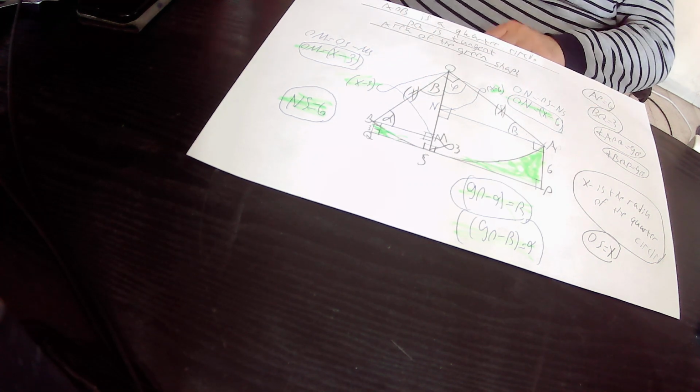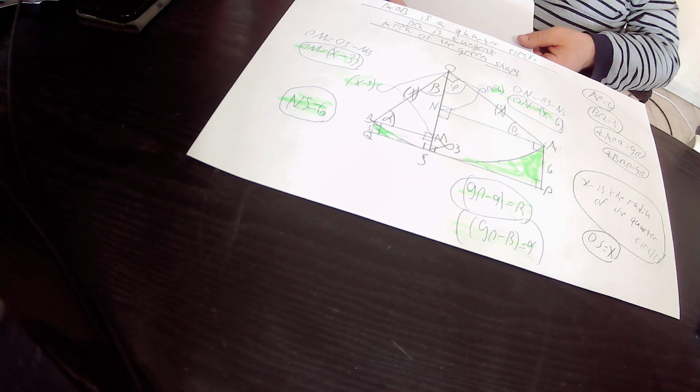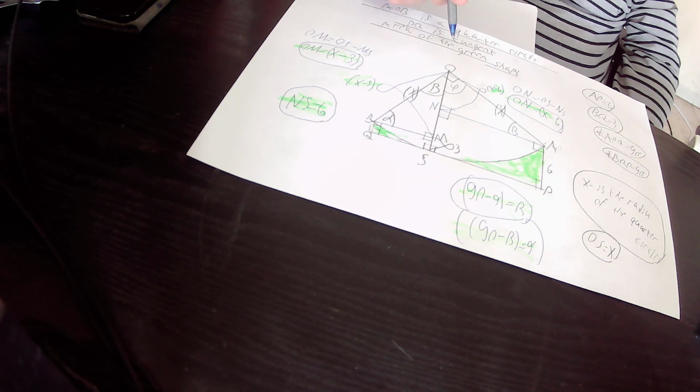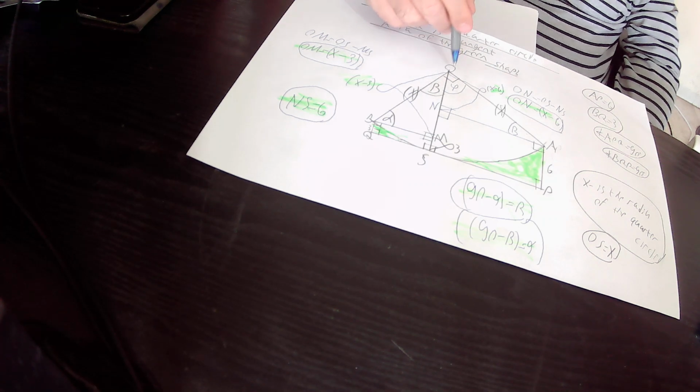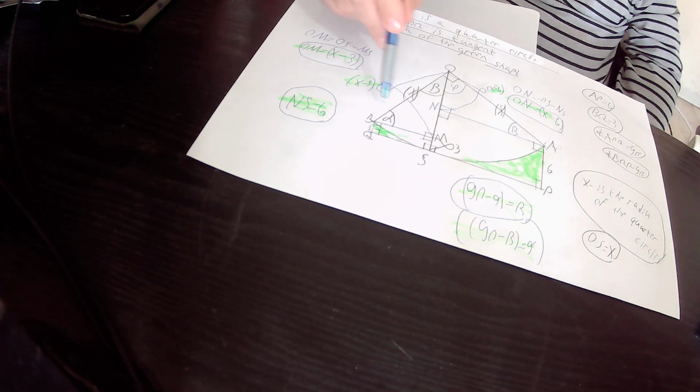And from the fact that those two right triangles can go into each other, we will derive that side ON in the right triangle ONA is equal to side MB in the right triangle OBM.